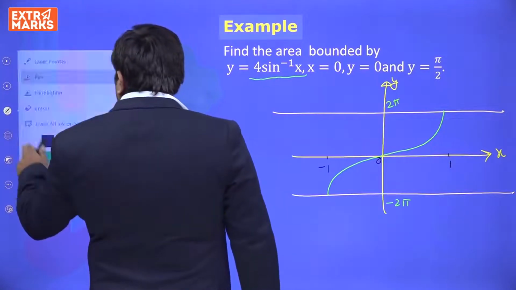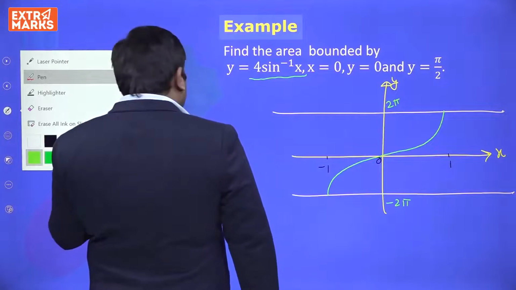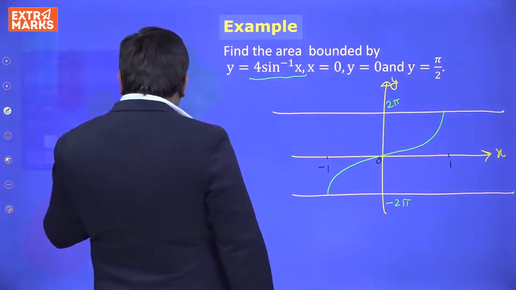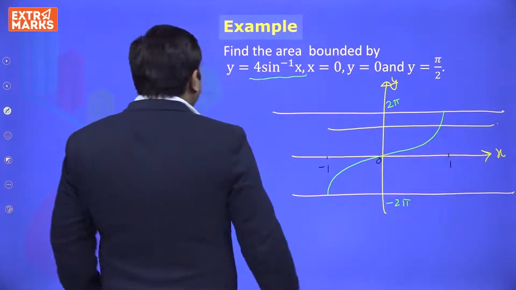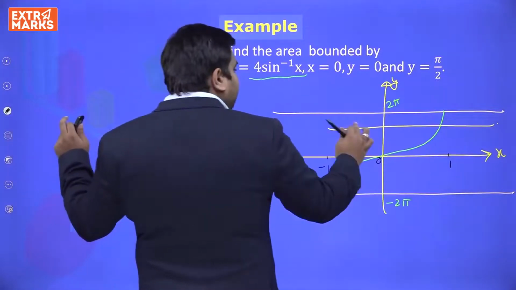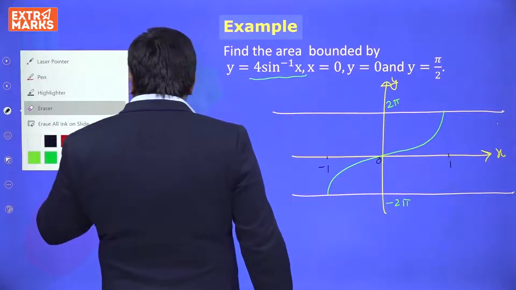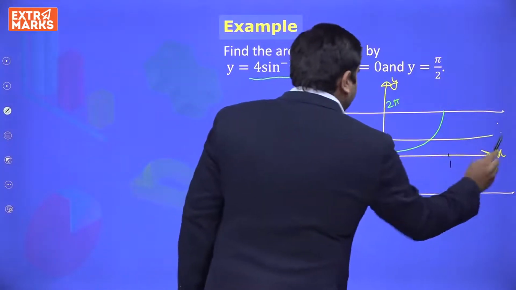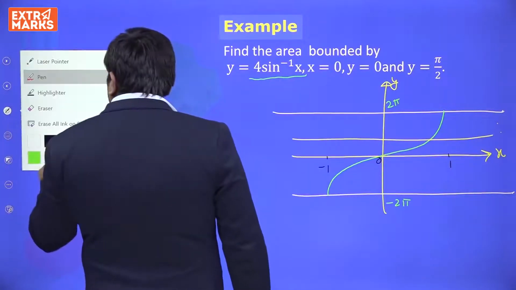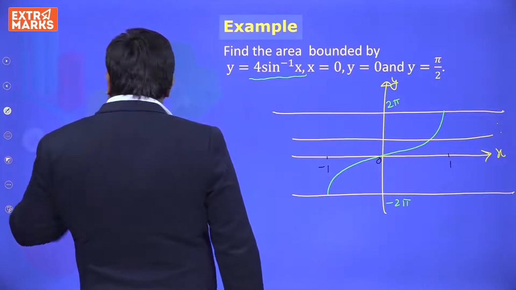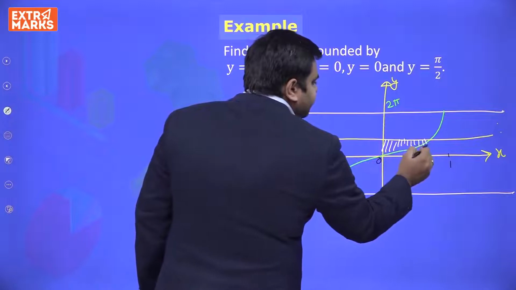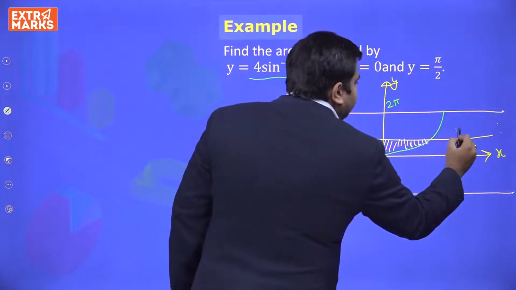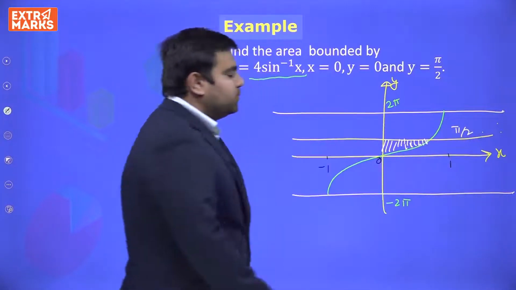Now we are specifically speaking about the area bounded till pi by 2, right? So we are specifically speaking about this portion of the curve. This is pi by 2, right?